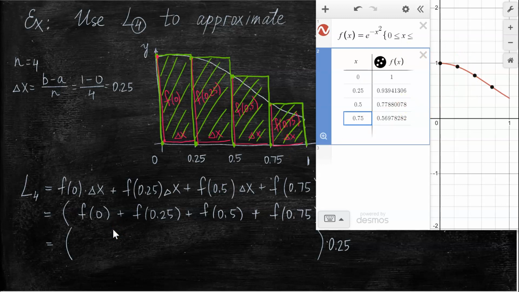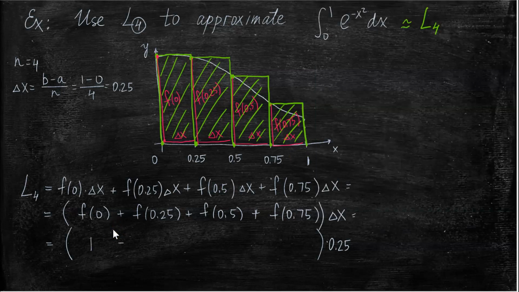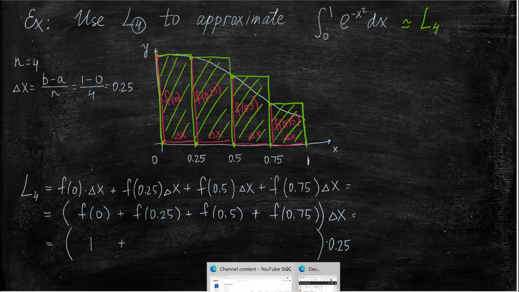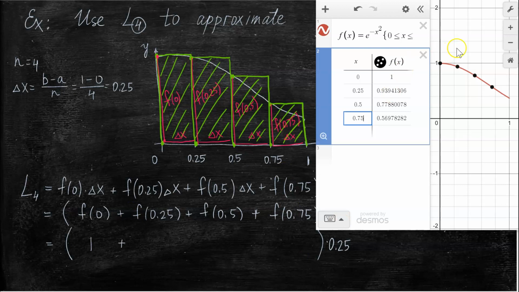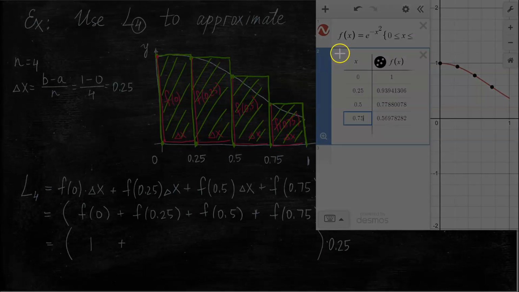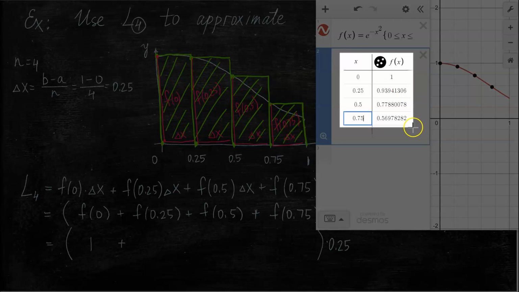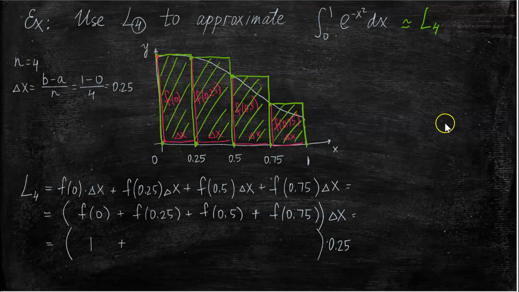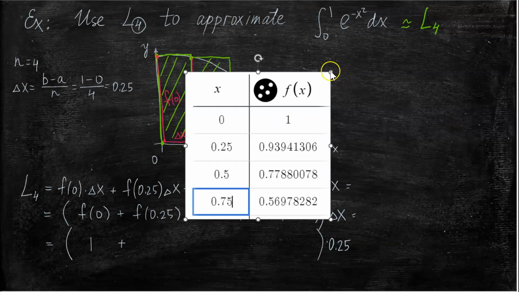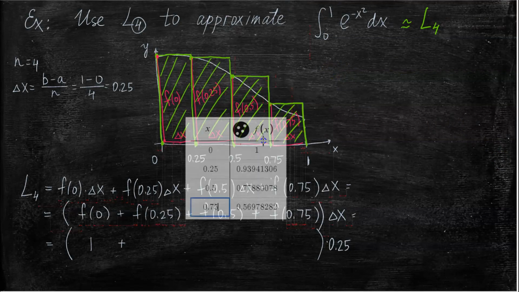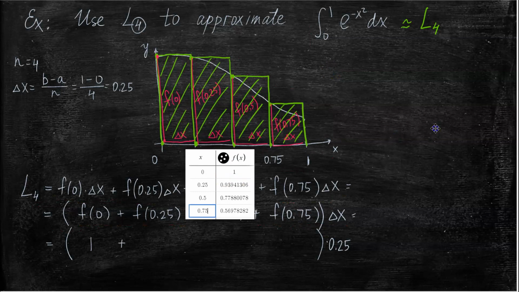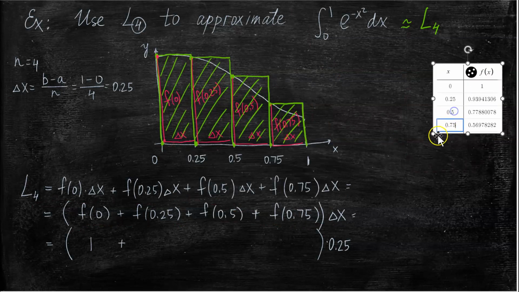Now, depending on your accuracy, you will round, and we're just going to round to 4 decimals, which is usually sufficient.